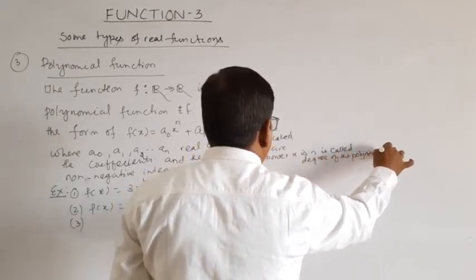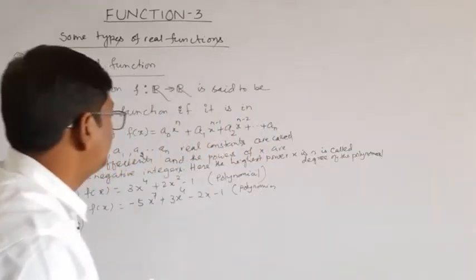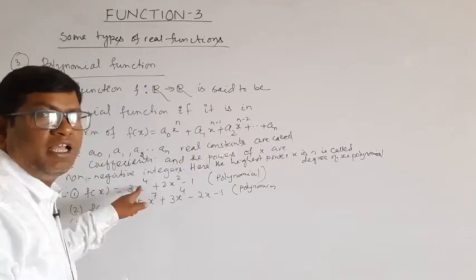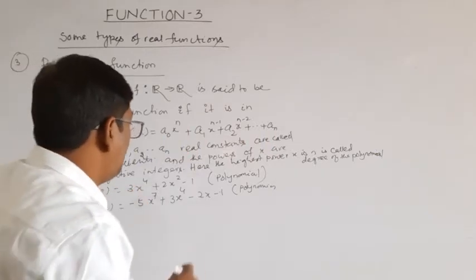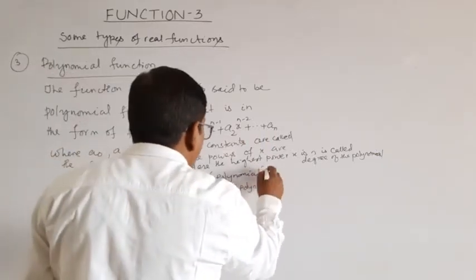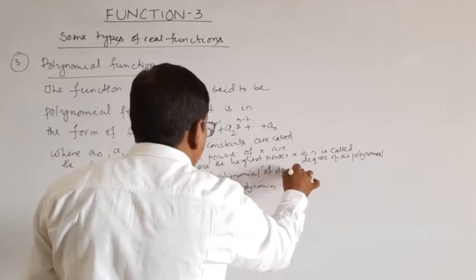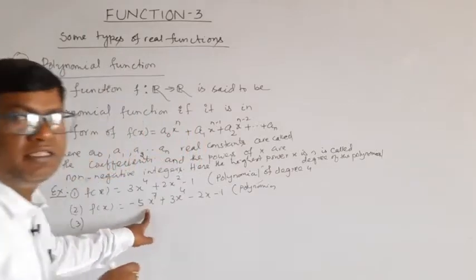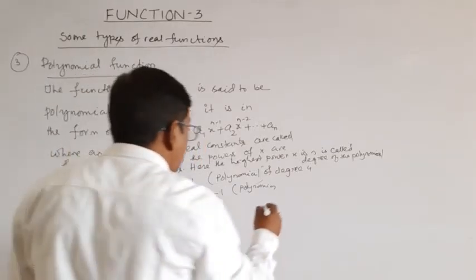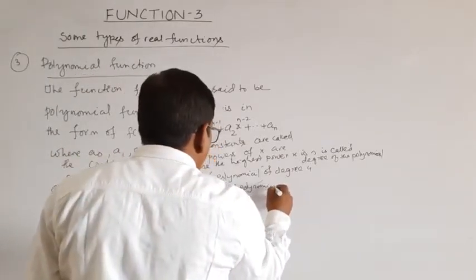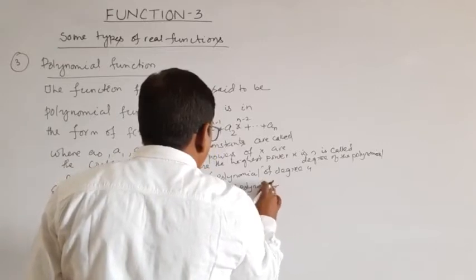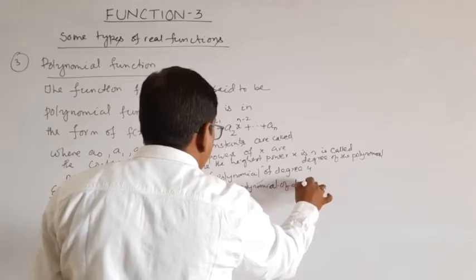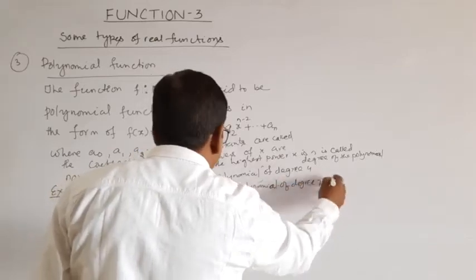This is an important thing. The highest power here is 4, so this is a polynomial of degree 4. And this one, the highest power is 7, so this is a polynomial of degree 7.